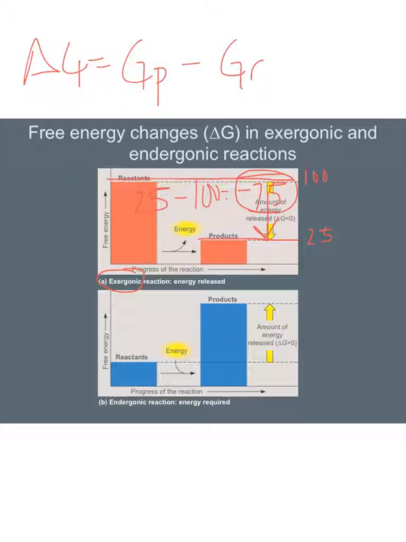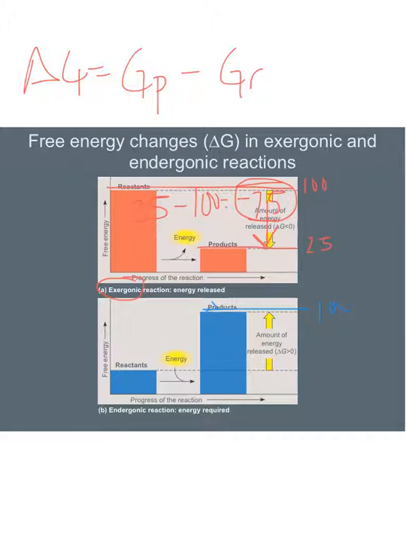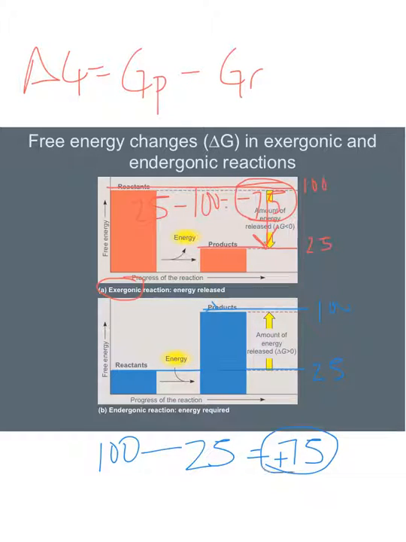If we look down here at the blue graph, so remember this line up here, we're going to say it's about 100, and this line down here we're going to say it's about 25. So if we look at this reaction, we start with our products at about 100, minus our reactants at about 25, we get a positive 75 kilojoules. And so what this means is that we have to supply energy to this reaction.